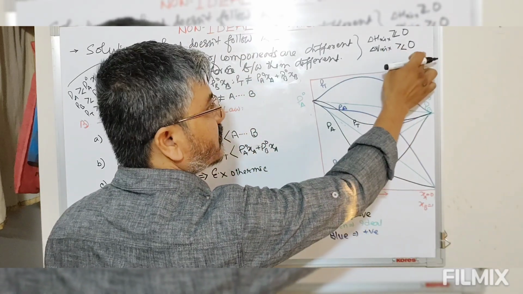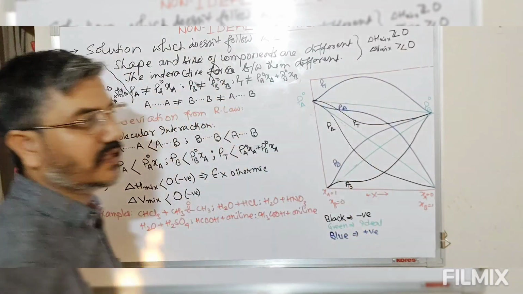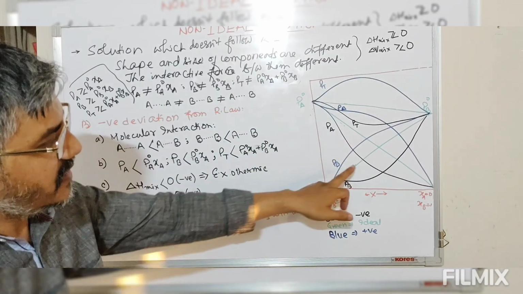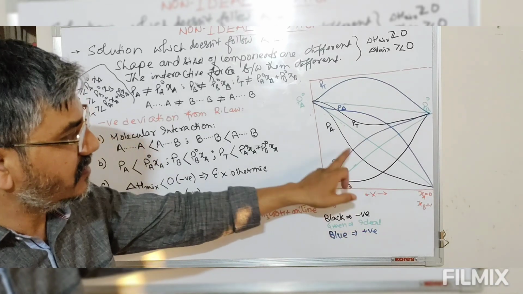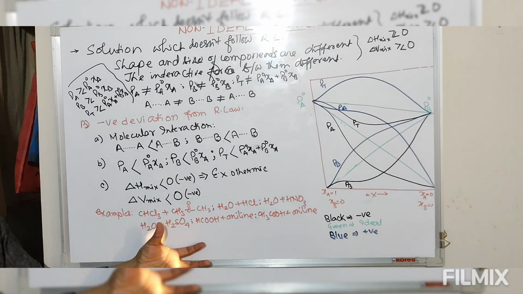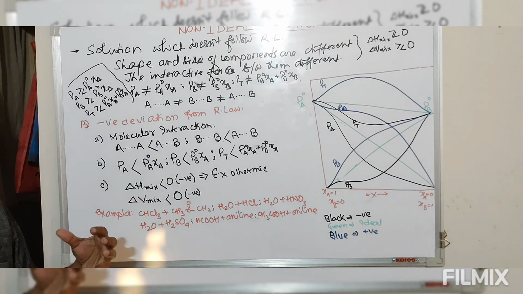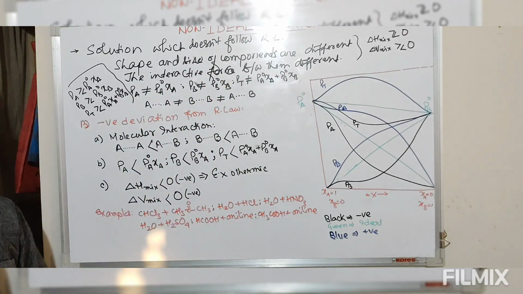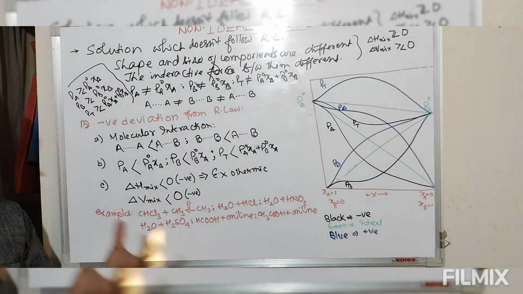Greater than 0 is positive, less than 0 is negative deviation. So these are the parameters for non-ideal solution, and this is the graph. I have combined the three graphs: ideal, negative deviation, positive deviation. So this is the nature of solutions. Most of the time a solution will be non-ideal type because the strengths of intermolecular attractive forces are different in nature.